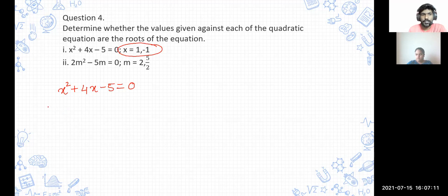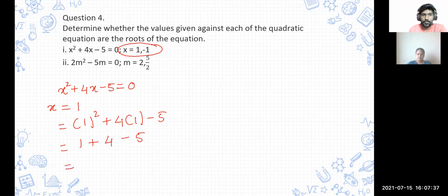So first what we'll do is, we'll substitute x is equal to 1 and check. In place of x, you substitute 1. So this becomes 1 squared plus 4 into 1 minus 5. So 1 squared is 1, plus 4 into 1 is 4, minus 5.